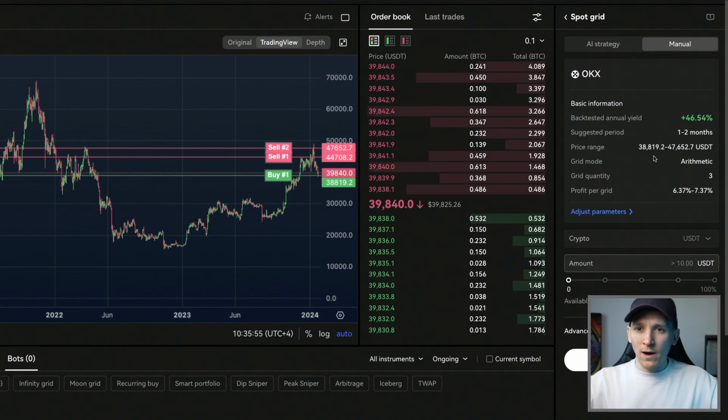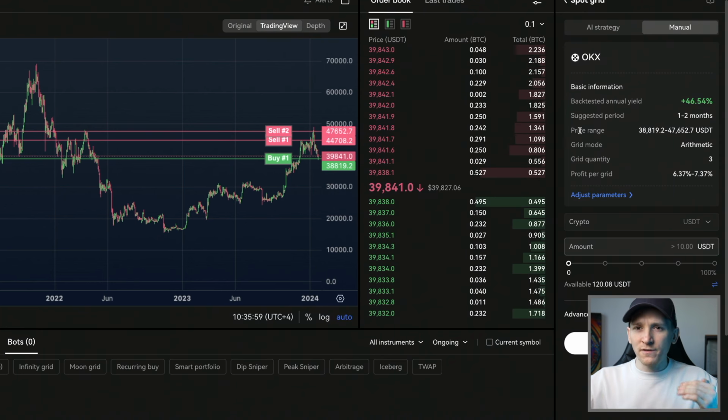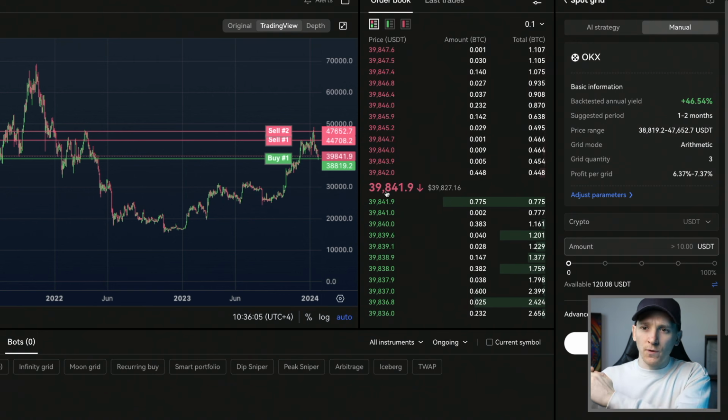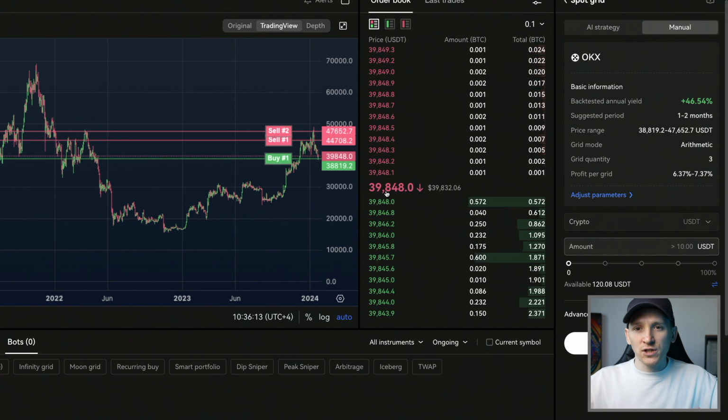But there are some parameters that you have to choose. So the first one is, what is the price range that you trade in between? Right? So if the price now is 40,000, do you trade between 30 and 50,000, or do you trade between 20 and 60,000? You can choose that. That is going to change how much money you have at certain trades within the bot.